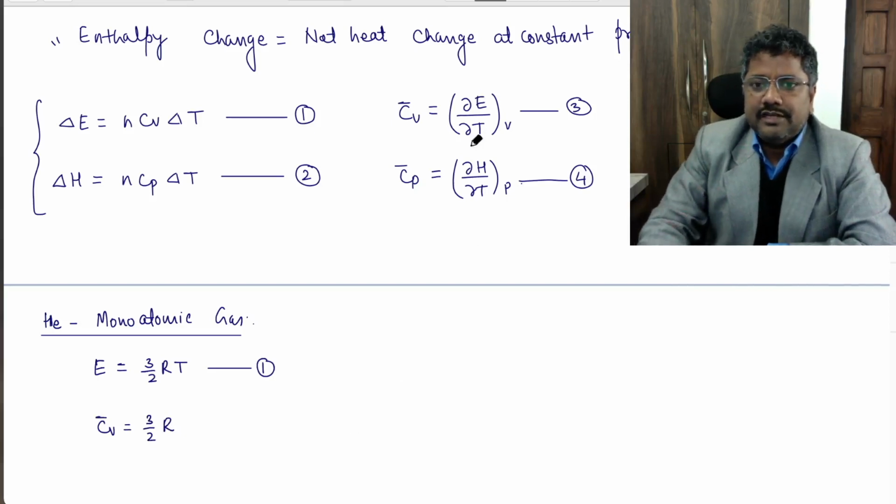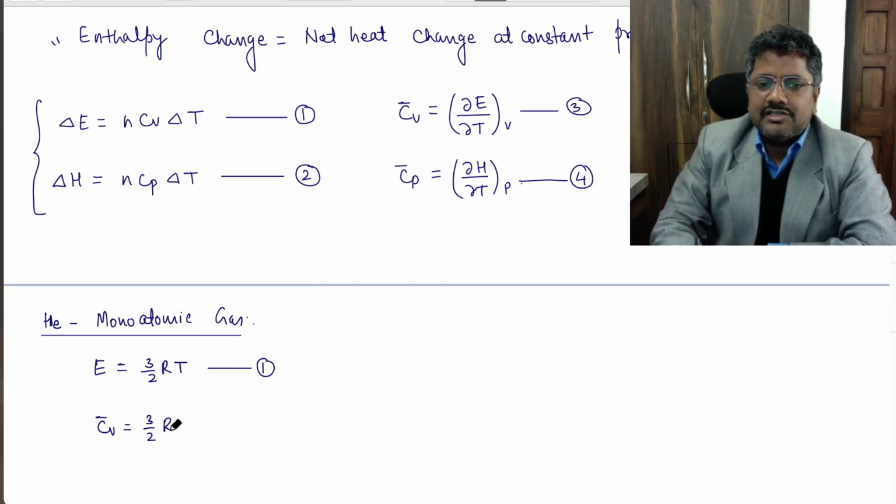See, del E by del T at constant V is Cv, which is equal to 3 by 2 R. So for every monoatomic gas, you have Cv equal to 3 by 2 R. Okay. So what is Cp?